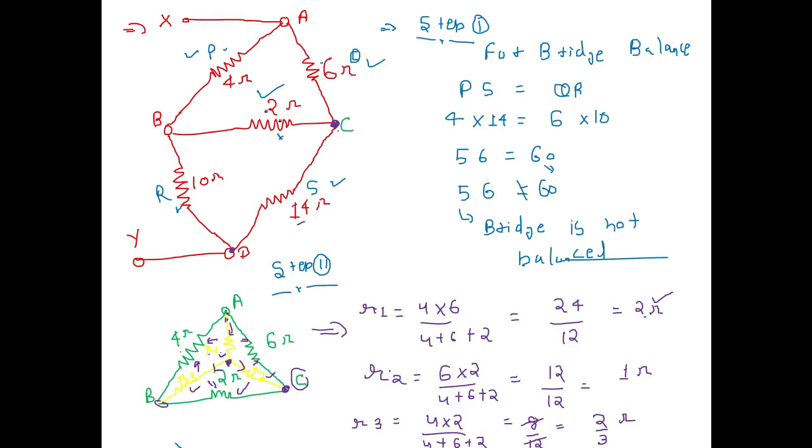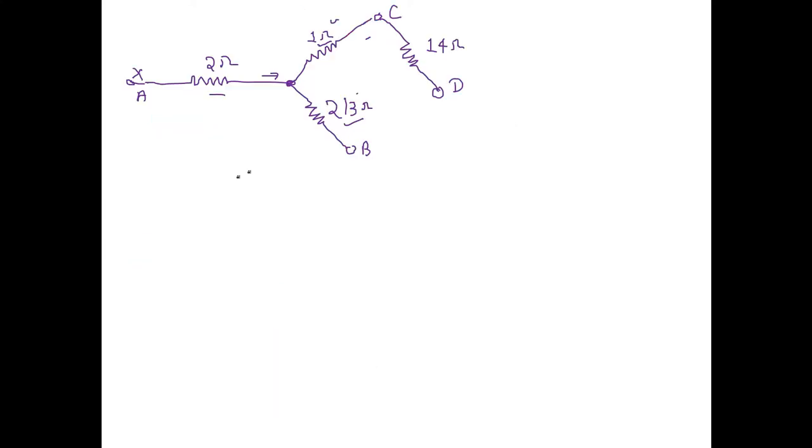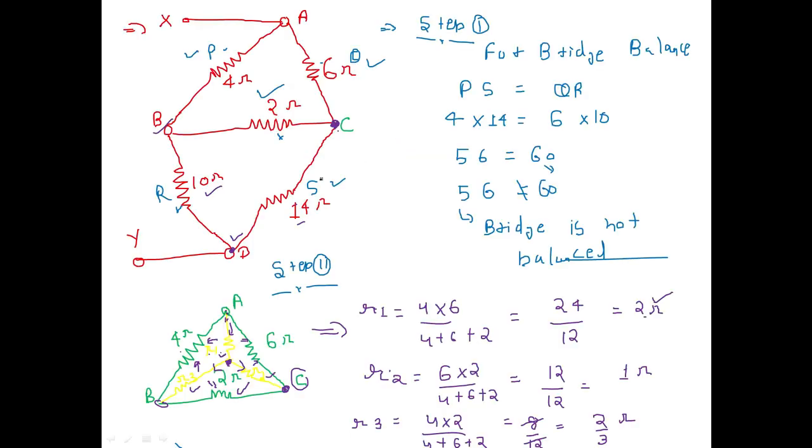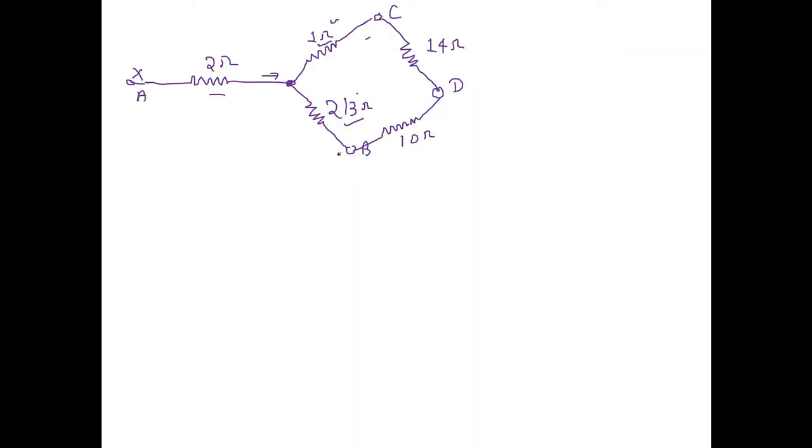And this B is connected to this D point having the value of 10 ohm. As you already saw in the previous slide, this B is connected to this D terminal having the value of 10 ohm, and this C is connected to this D terminal having the value of 14 ohm. So it is in the form of 14 ohm, 10 ohm.